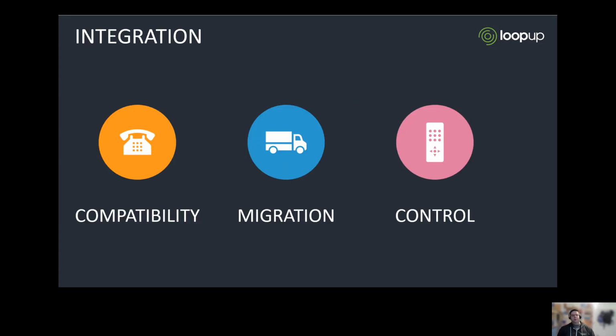And then from an integration point of view, compatibility. So, like I say, it could be that you need to interop down with some old school PBXs. You need to do analog integrations. Again, you can find a gateway that will have the right cables, connections, interconnects to allow you to do that. It also can allow you to do a smoother migration potentially.